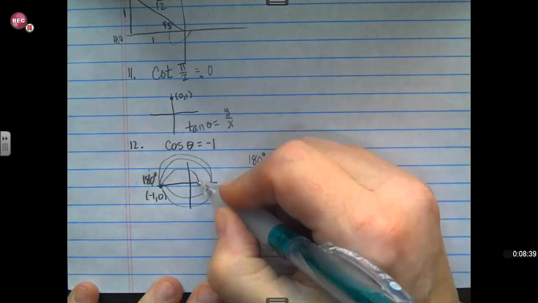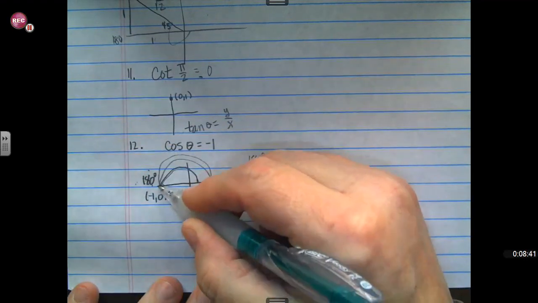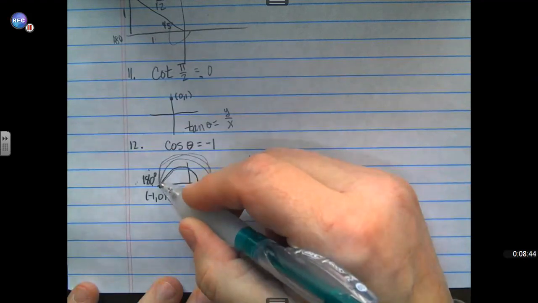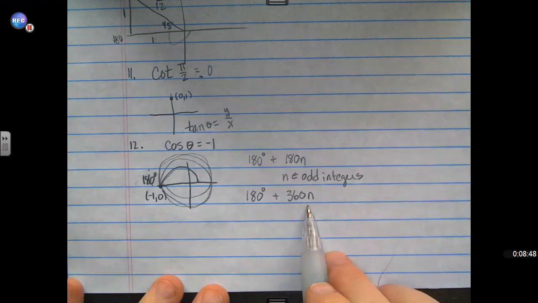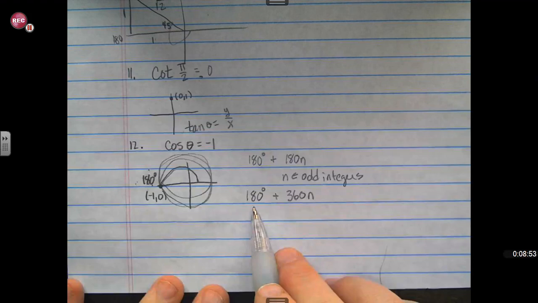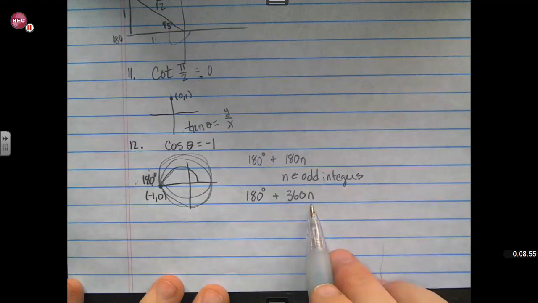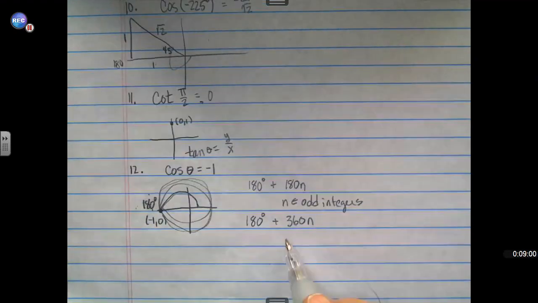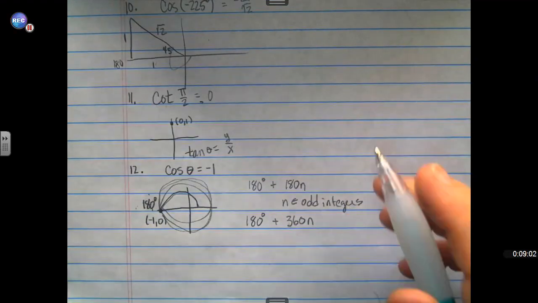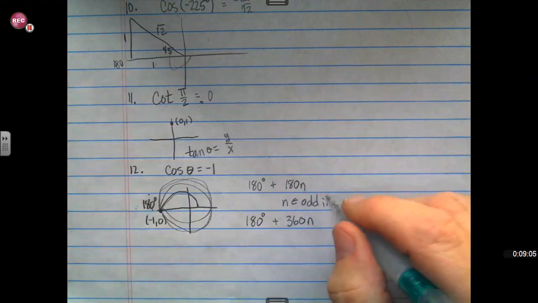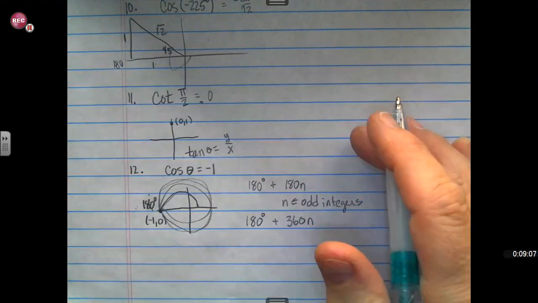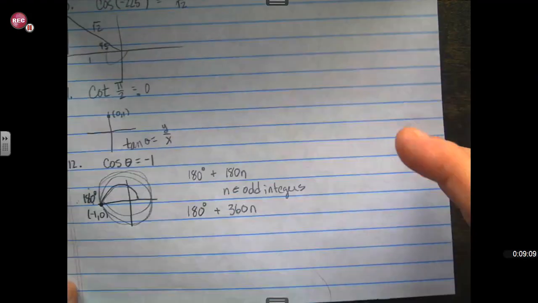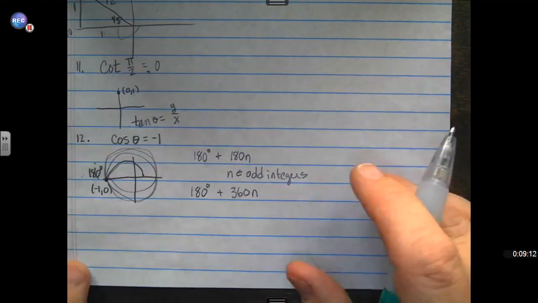So this gives me 180, but then I go around again, gives me 180 plus 360. If n were 0, I'm at 180 degrees. If n is negative 1, I'm at negative 180 degrees. So that does work. But if I do it this way up top, then I have to say that n has to be an odd integer. And 0 is not an odd integer. 0 is even.